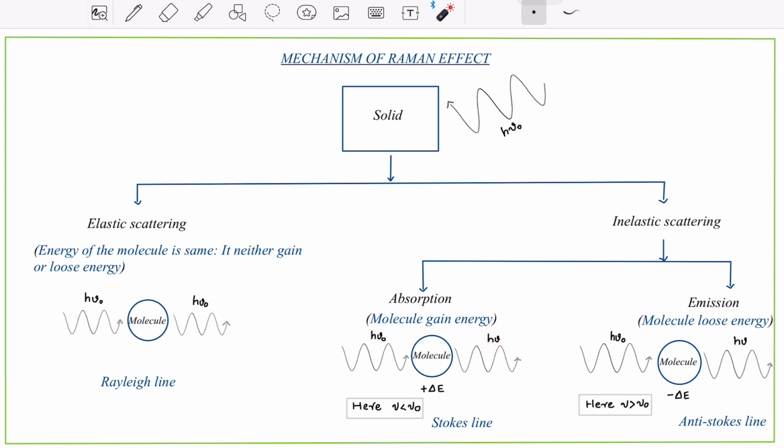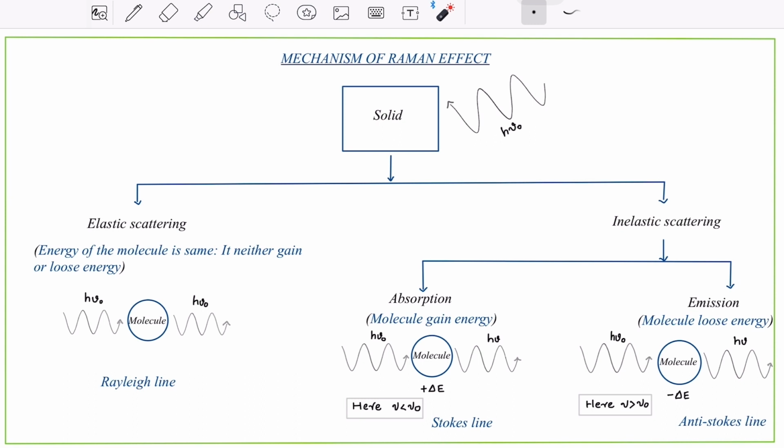This is because the molecule absorbs an energy delta E from the incident radiation. Therefore, we can say that the scattered photon has an energy lesser than the incident photon. Certainly nu is less than nu 0. Now correspondingly you will get a spectral line that is called Stokes line.